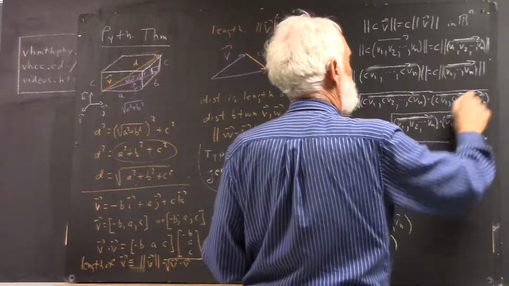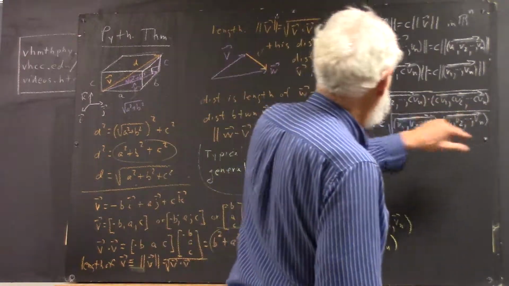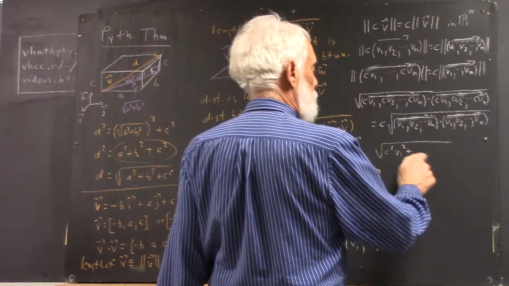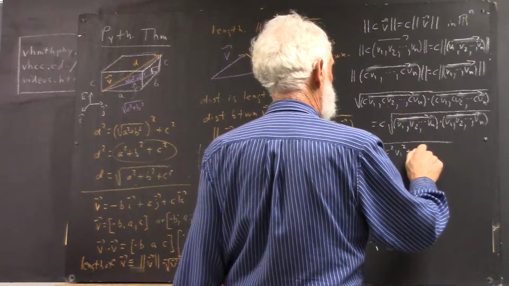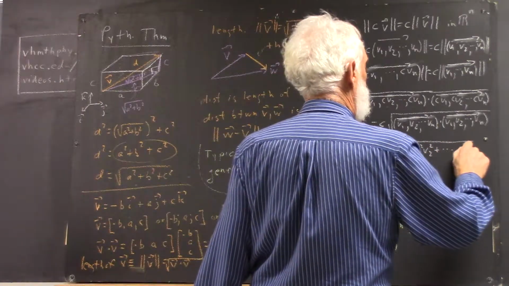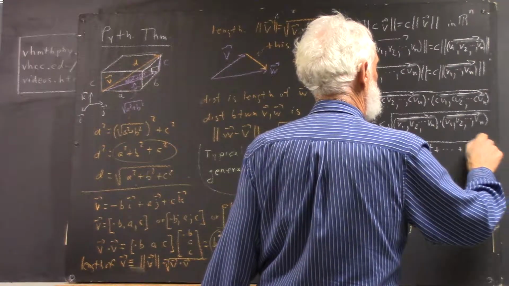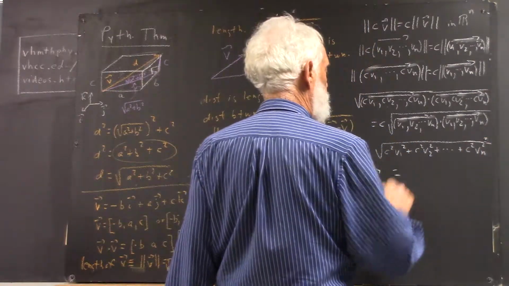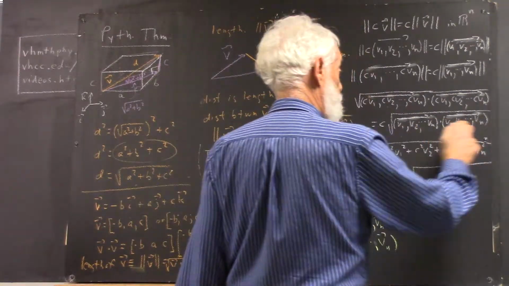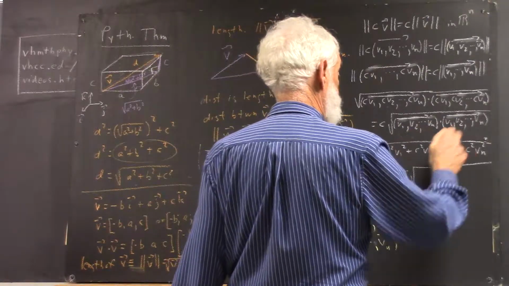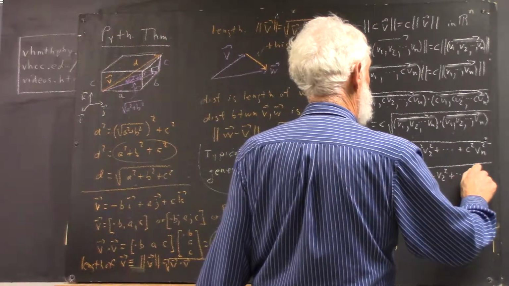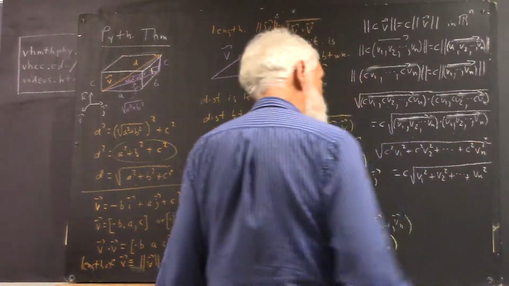Okay, well, when I do the dot product, first component times first component, c squared V1 squared, second component times second component, c squared V2 squared. Well, that's just going to continue all the way up through c squared Vn squared. And that's going to be equal to what? c times this, which is V1 squared plus V2 squared up through Vn squared.